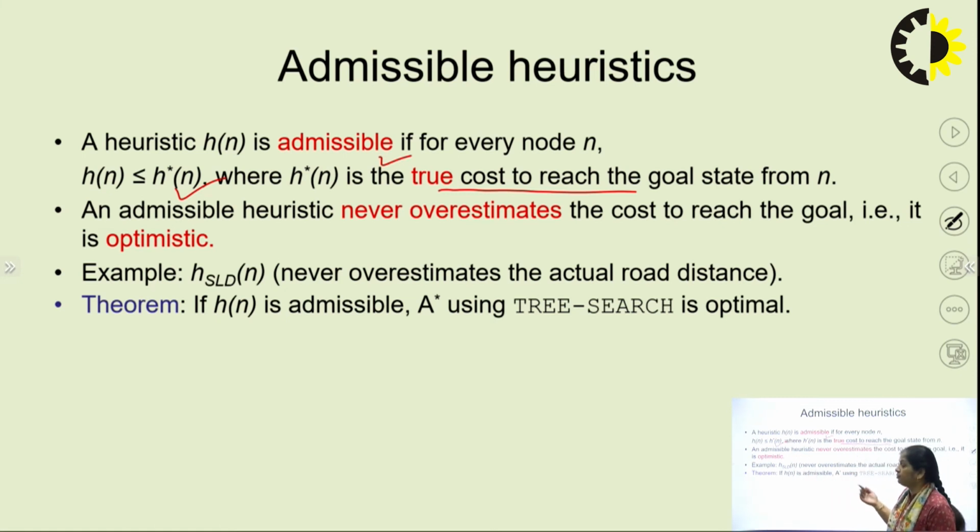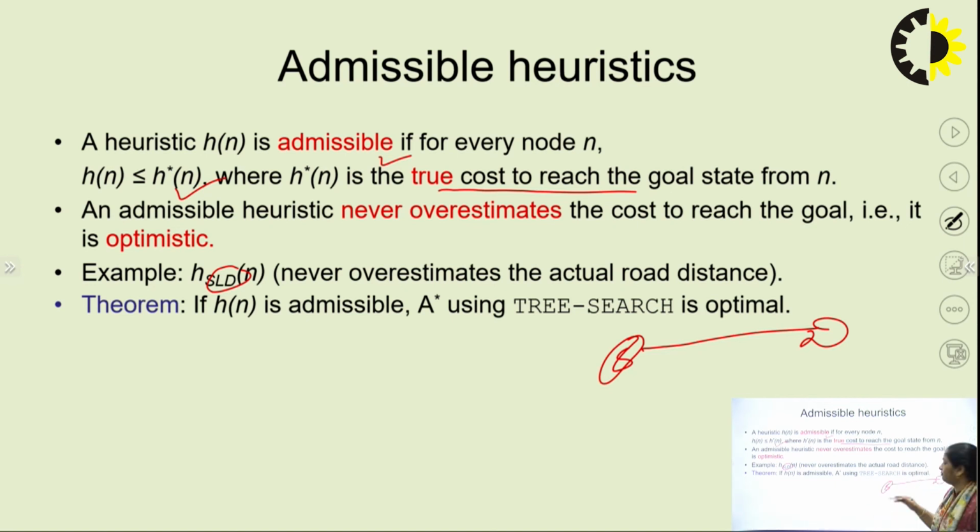For example, the heuristic that we have taken is SLD, straight line distance. If we take two cities, source and destination, then SLD will be the straight line distance. It will be lesser than all the possible paths, the roads constructed, flyovers constructed, and whatever is there. It will always be lesser than that. So h_SLD will be an admissible heuristic.